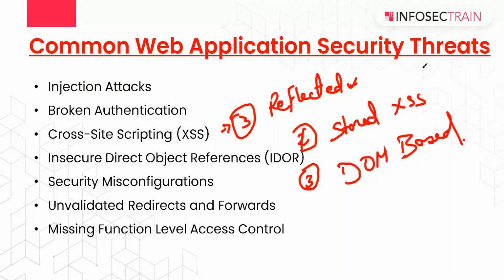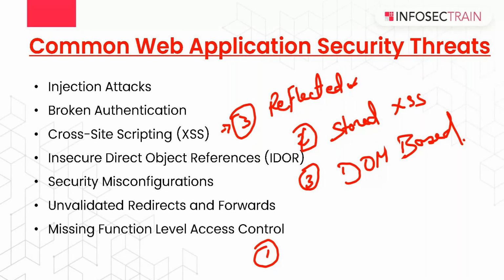If I want to execute anything from your system, there are two ways. Either I should be physically present at your place, or I send you a phishing email with malicious links and make you fall into that trap. That is what reflected cross-site scripting is.